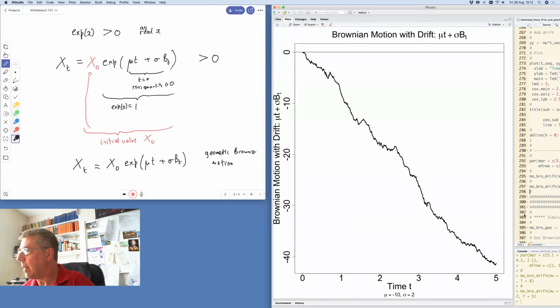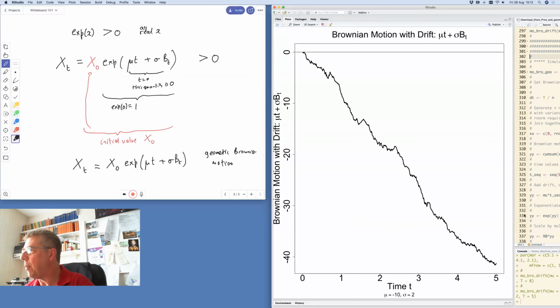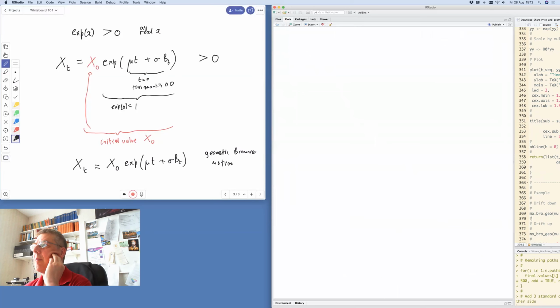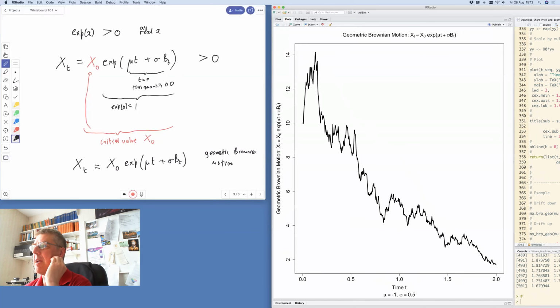So let's see an example of that. So here is an example of geometric Brownian motion. And this is now a process that here we've chosen to start from 10. So x0 there is 10. And it wiggles around, and in this case, it's going down with time.